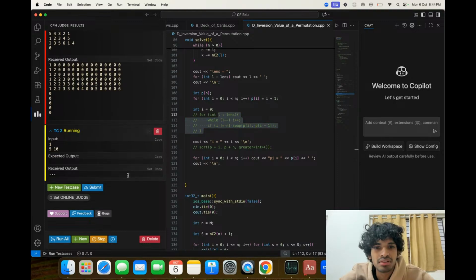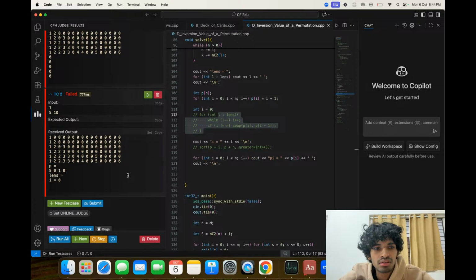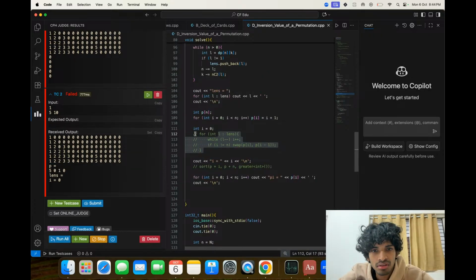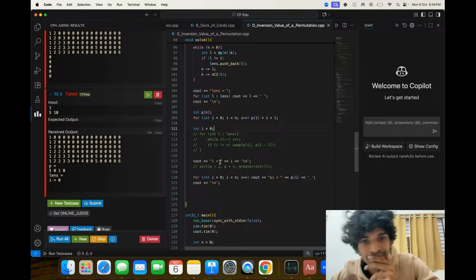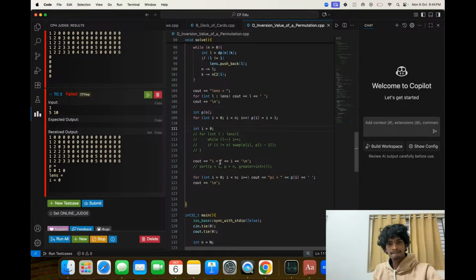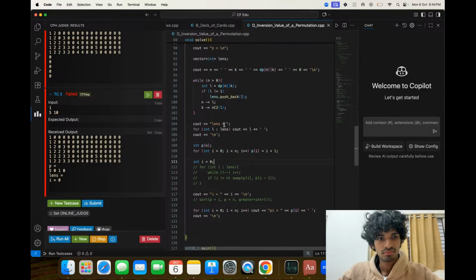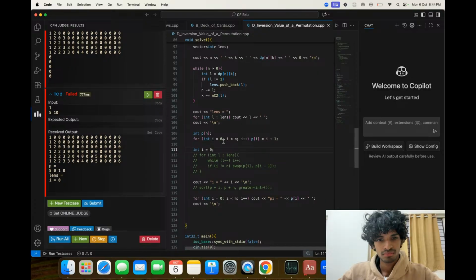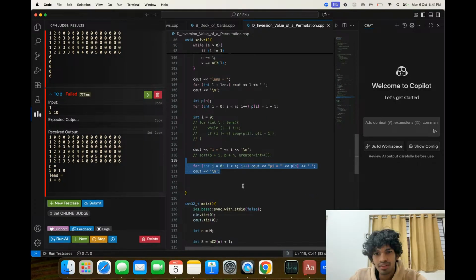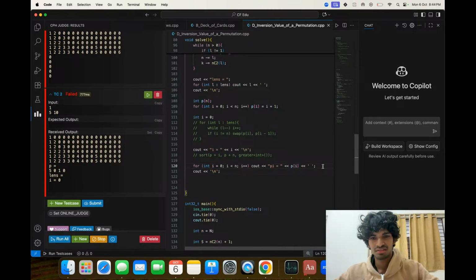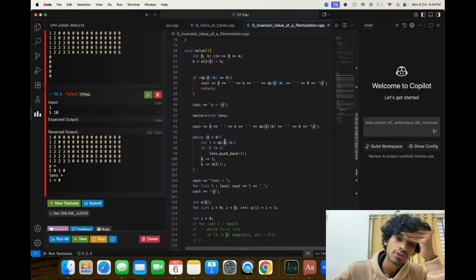What is happening? Why is this not getting printed? Okay, n has been reduced. That's the reason.